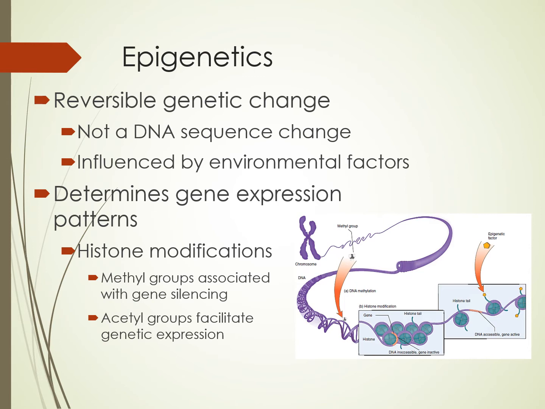If they were binge drinking as teenagers, even without a genetic background for alcoholism, their children were more likely to binge drink as teenagers. So what we're passing on as far as this genetic expression is also important.